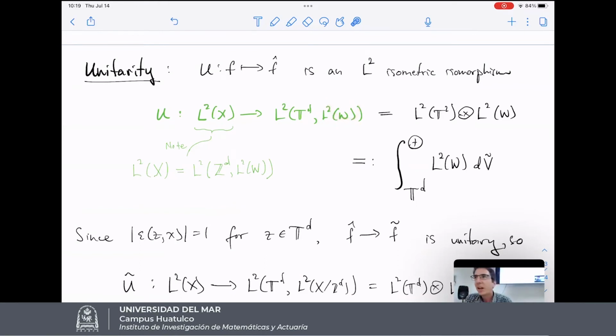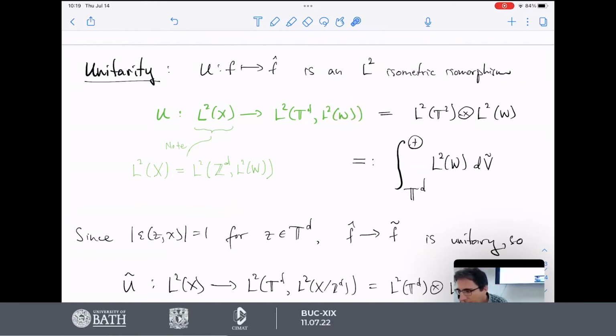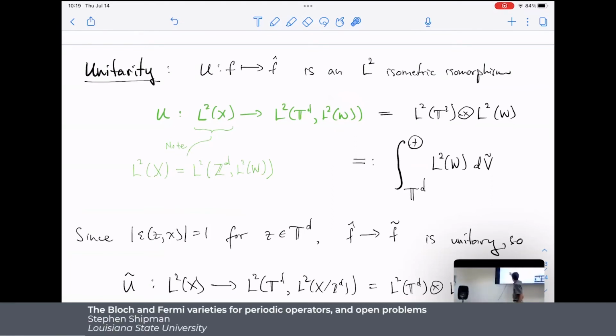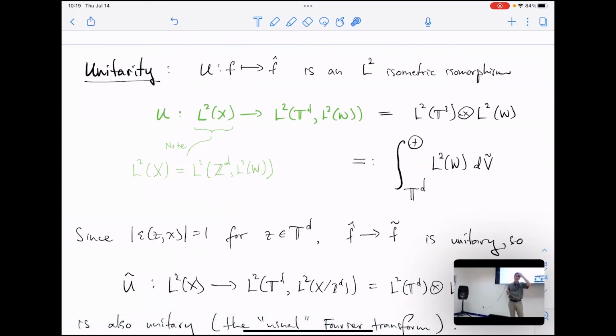And so the way I like to think about this, and I wrote it down here: think of L2 of X. This is the right way to think about it. Right here, the original space is L2 of Z^d with values in L2 of the fundamental domain. See, so you can say, well, at every point in this lattice, I have a function, and that function is a function on this fundamental domain.